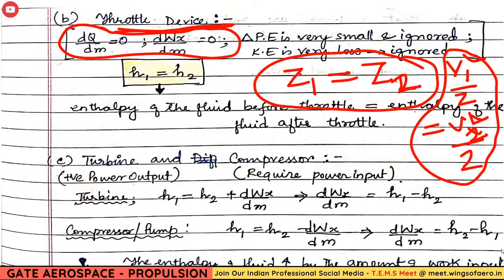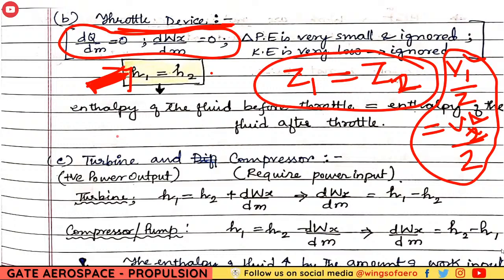Remember, when you see the word throttle in the question, you have to assume these are the parameters, and in that case, the enthalpy initially entering into the throttle and leaving will be the same. That is another concept here. So usually in the throttle, enthalpy entering into the system and leaving the system are the same.